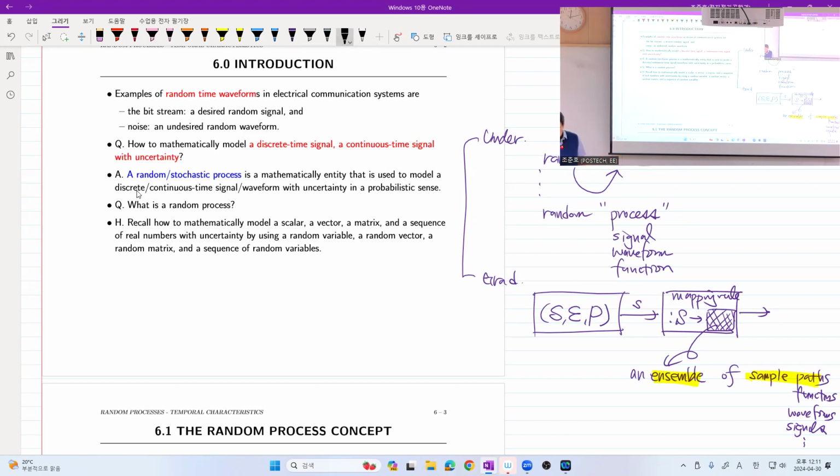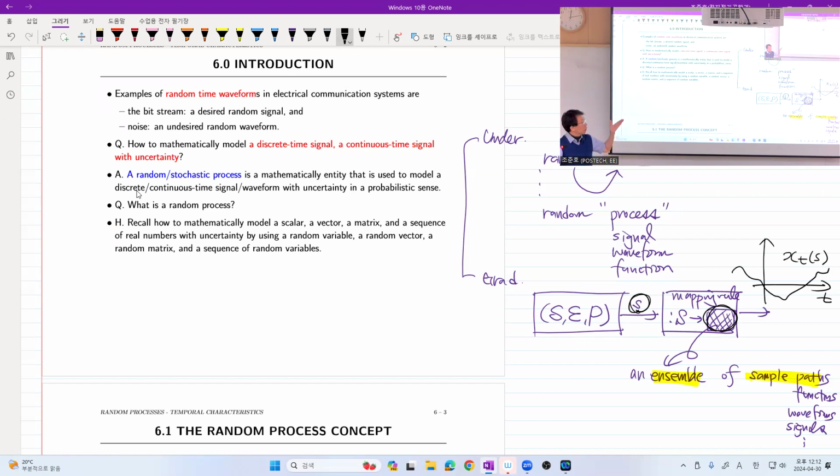Now, if you plot the output, if that ensemble consists of continuous time signals, then your output would be some continuous time signal. And this signal is a time function, so you want to say that, okay, this is x of t, but which continuous time function is to be selected is determined by this outcome S. So you want to write it in this way, right? For each function, for each sample path.